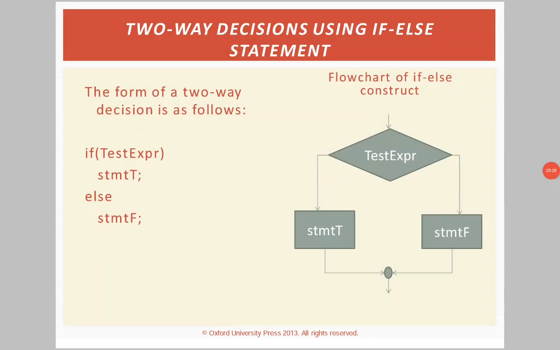So the form of a two-way decision is as follows. The syntax is: if (test expression) statement T; else statement F; First the given test expression is tested, and if it is true, then statement T is executed, else statement F is executed.